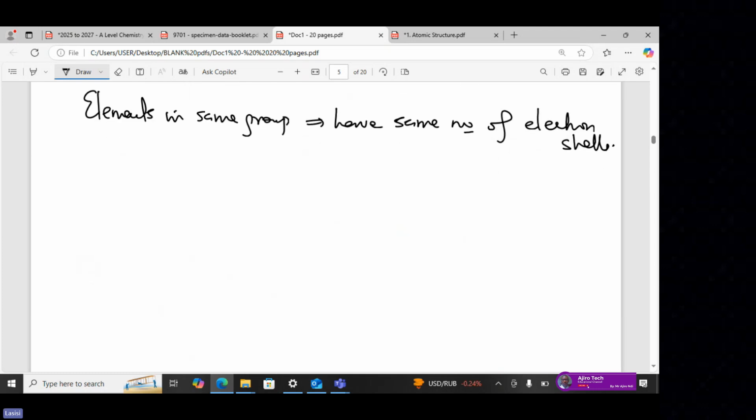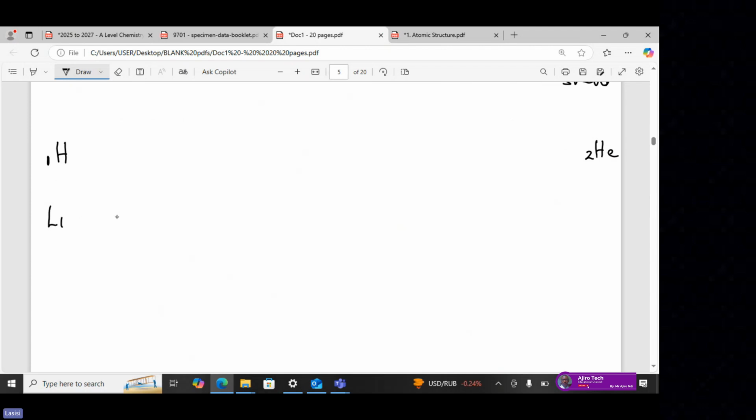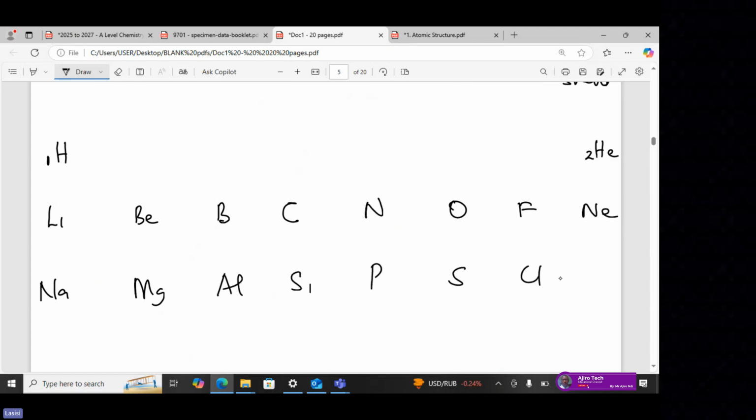Now let me take some elements for you. Hydrogen is 1, helium is 2. Now just pay attention. Lithium, beryllium, boron, carbon, nitrogen, oxygen, fluorine, neon, sodium, magnesium, aluminium, silicon, phosphorus, sulfur, chlorine, argon.